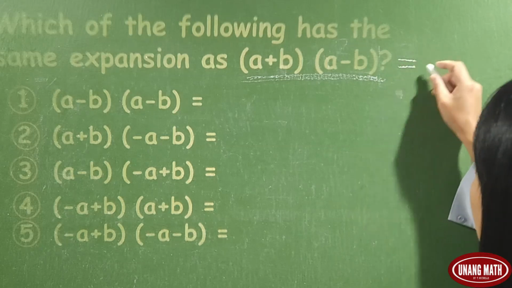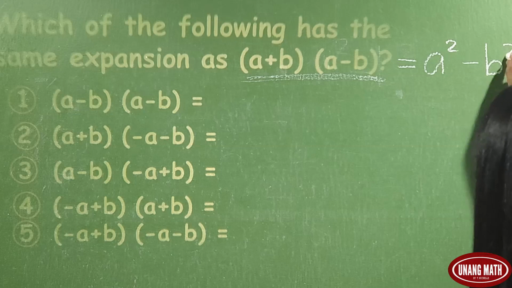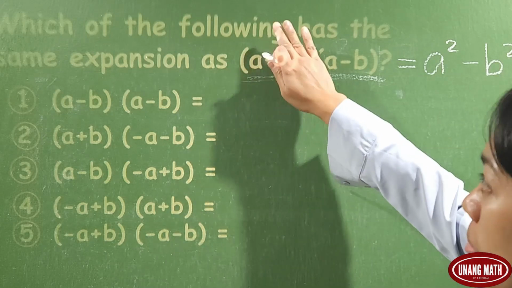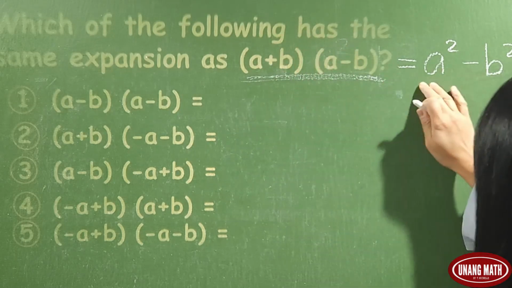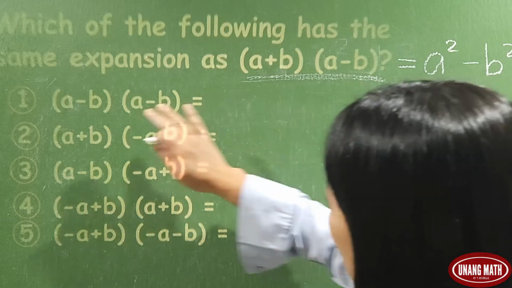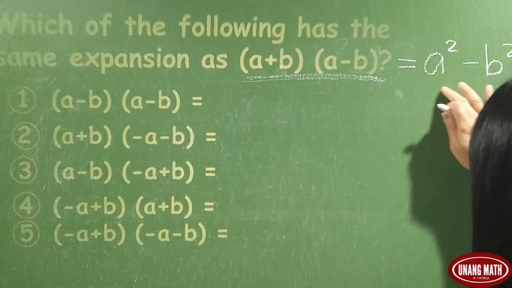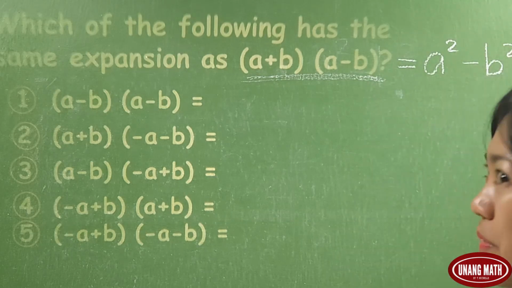And we know that this is equal to a squared minus b squared. So we are going to find the same expansion like this. So if we expand these given here, we should get the same a squared minus b squared.